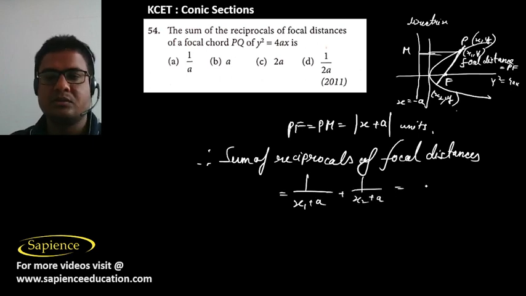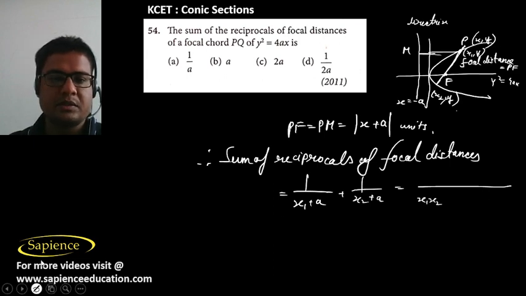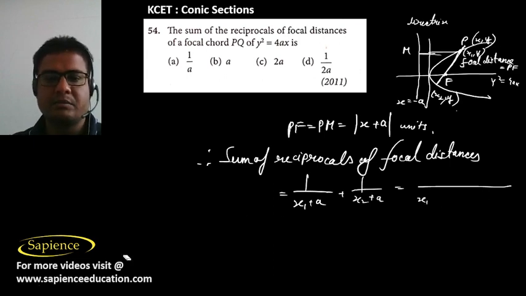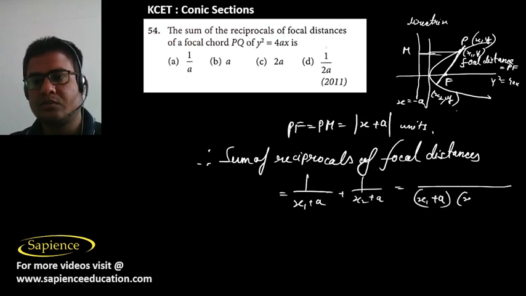So that will be how much? That will be equal to (x2 plus a plus x1 plus a) divided by (x1 plus a) into (x2 plus a).